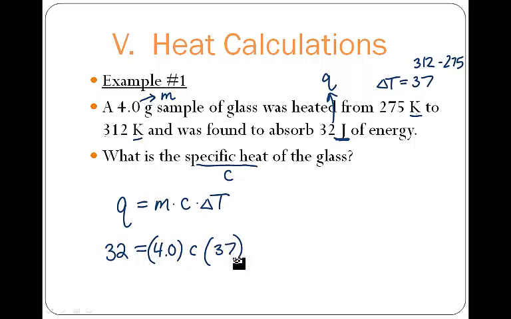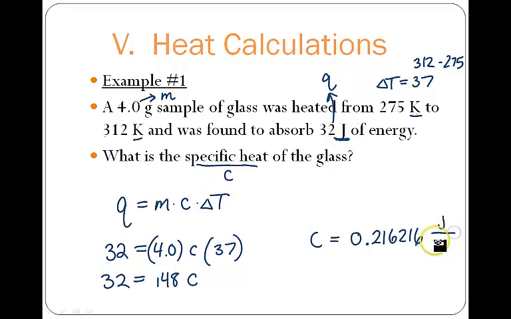Then 37 times 4 turns out to be 148 C, and that equals 32. So the value for our specific heat is going to be 32 divided by 148, which is 0.216216. Oh, that's kind of funny. And since our Q is in joules, our units will be joules per gram degree Celsius.